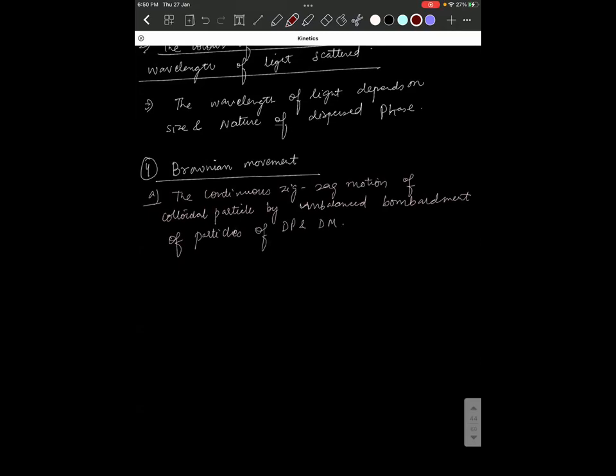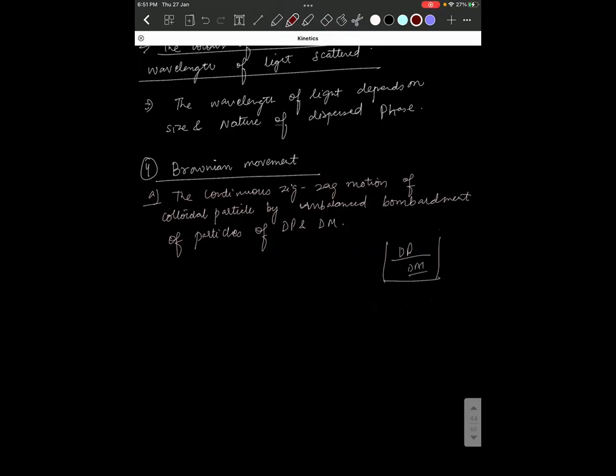Now what I am saying is, for example, in a beaker you have colloidal particles and a mixture of solution particles. Or we can say that I have a colloidal solution, which is the dispersed phase, dispersed in some medium.